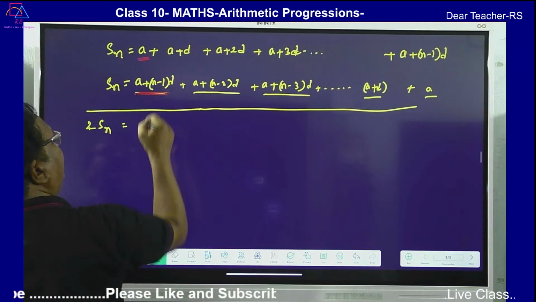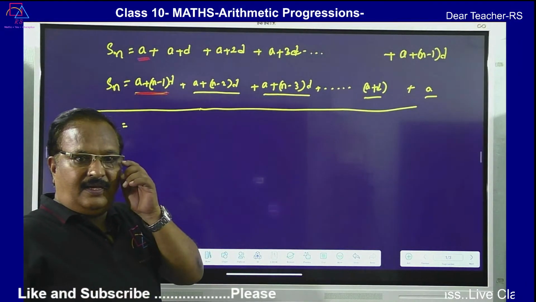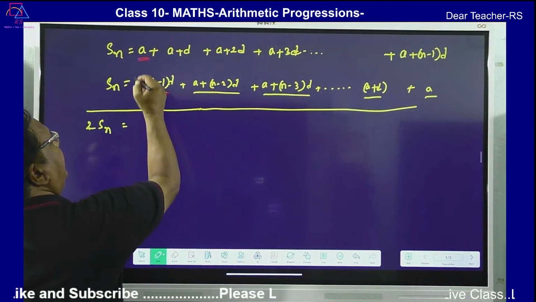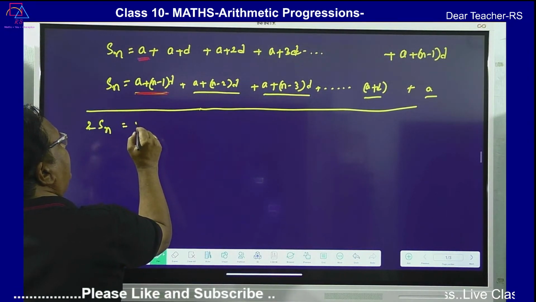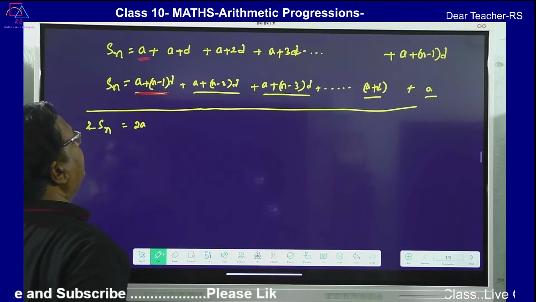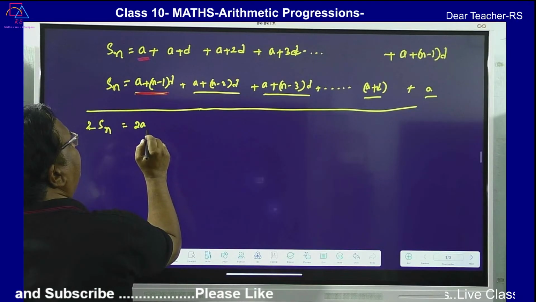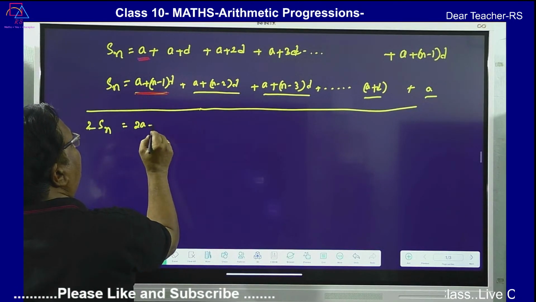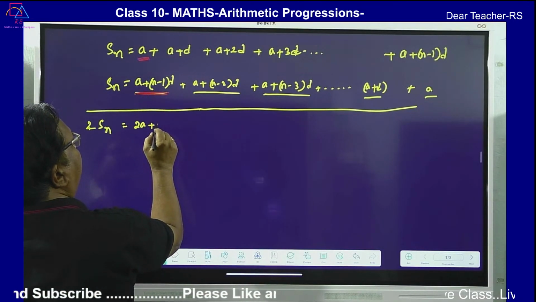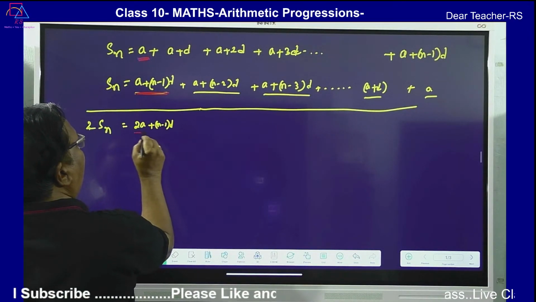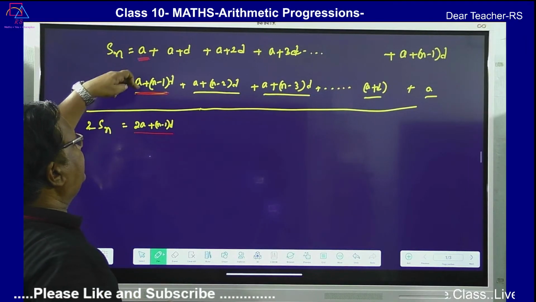We have to add these two things, very important. In these two terms, a's are there, a plus a, 2a. And d's are not there. So what I am going to do, n minus 1 into d. This is the sum of the first terms.